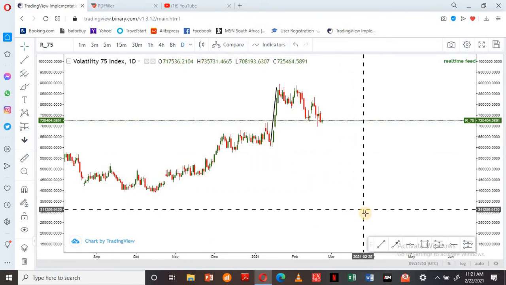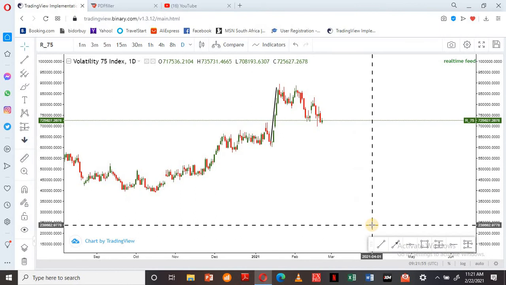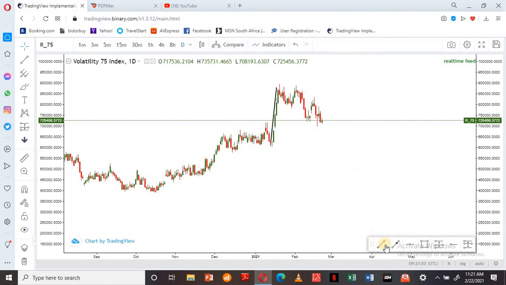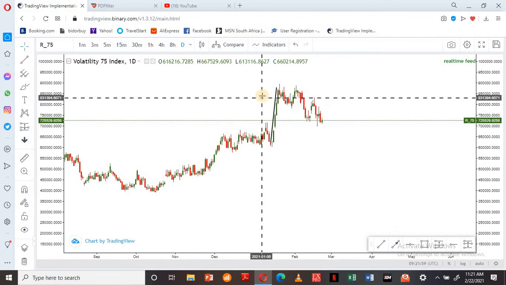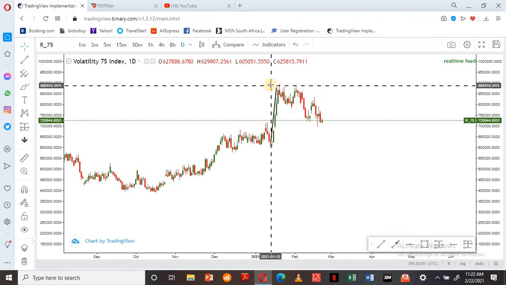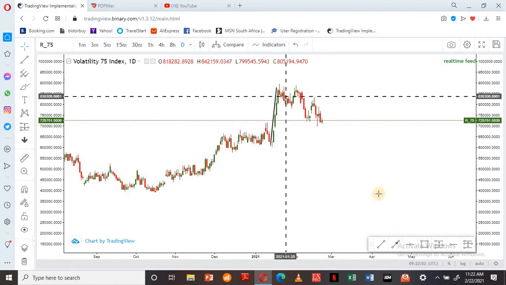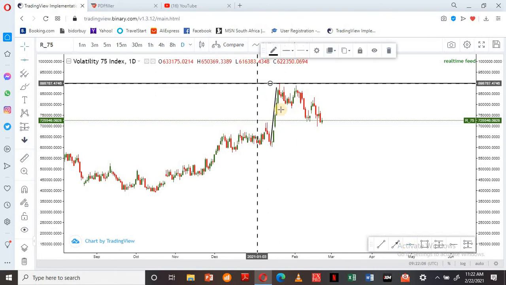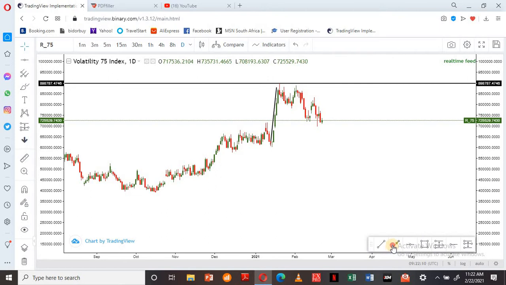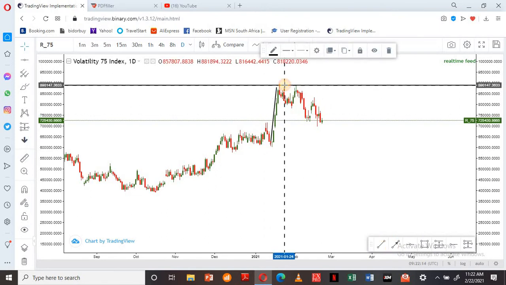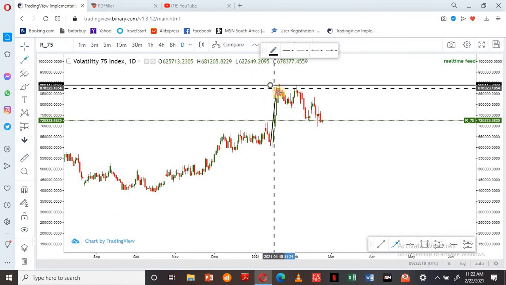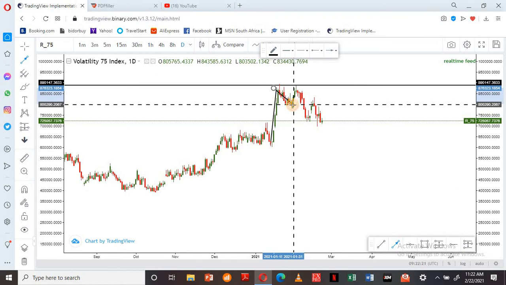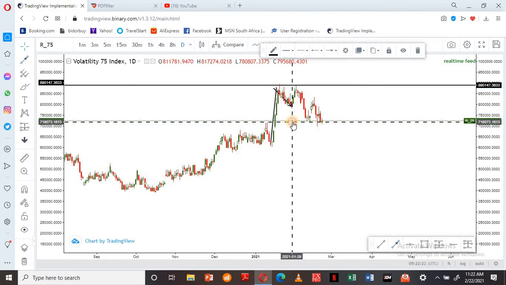Just like that, the market went up and created a resistance zone here. Then after that it came down and created a support.